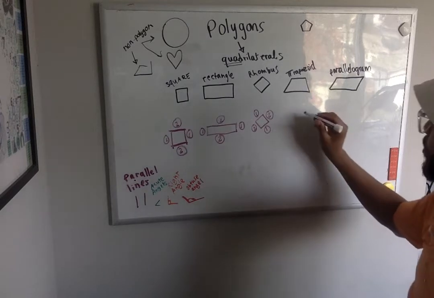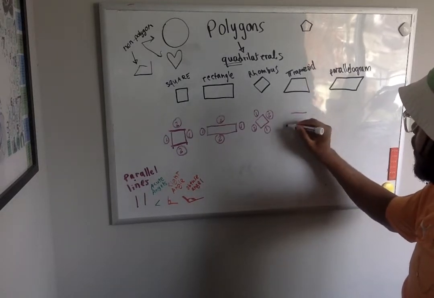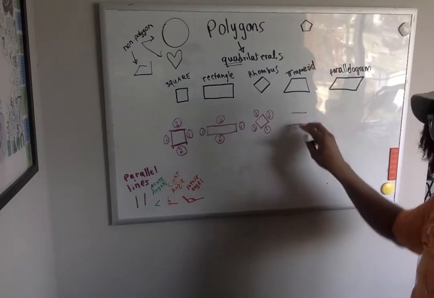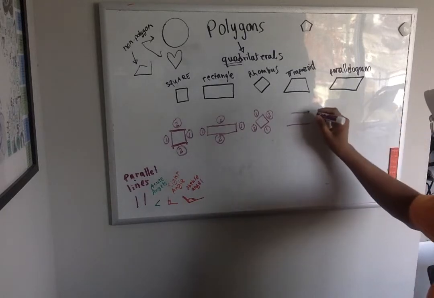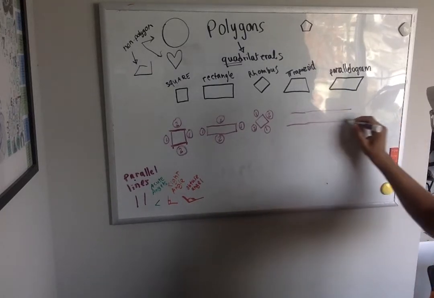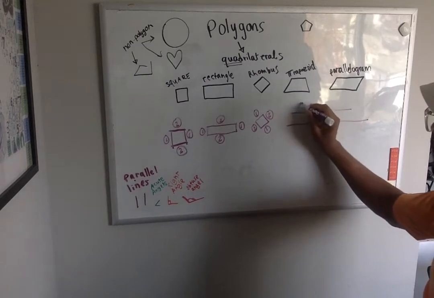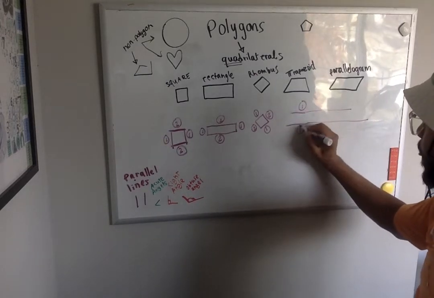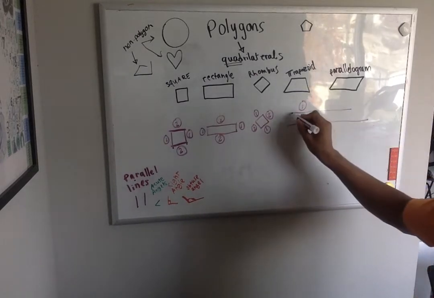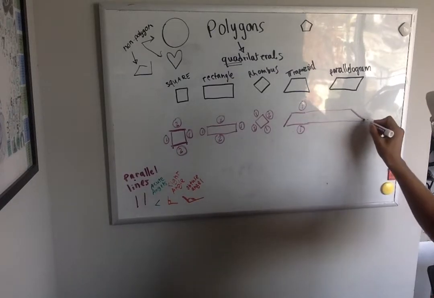And like I said, for a trapezoid, these sides, if they continue, right? Let's say I continue them. They continue to be parallel. However, on the sides, they slant down.